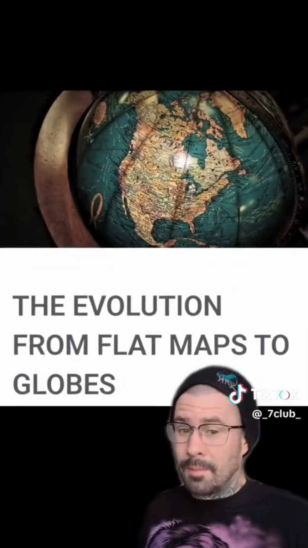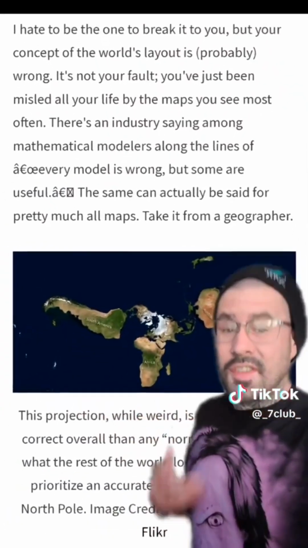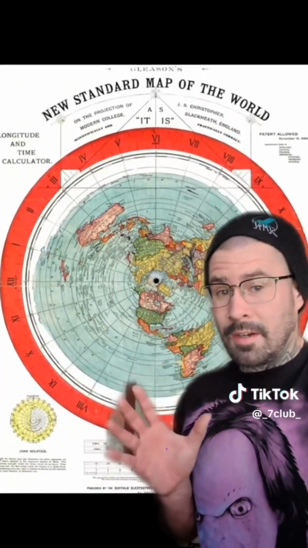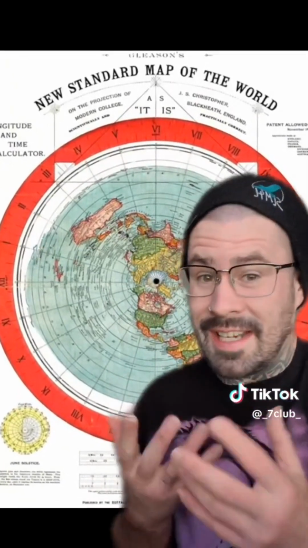So do you see the problem? They say that these are all wrong and distorted because they had to flatten out this, but in order to get this, they had to distort this, which actually looks more like this, which actually is this. So for those of you talking about discrepancies in scale of this map here, just know that this one's actually closer in accuracy than any other map.